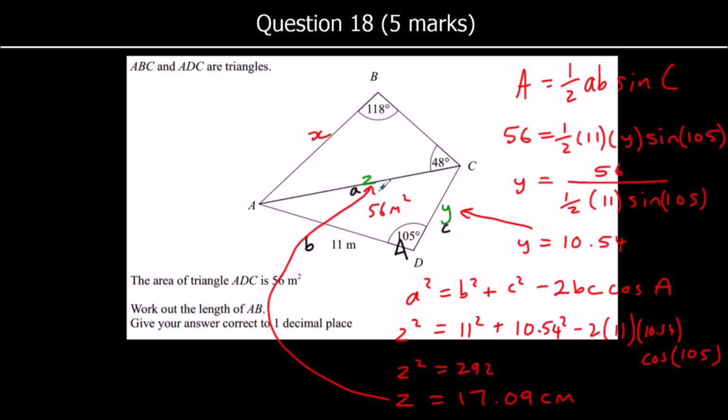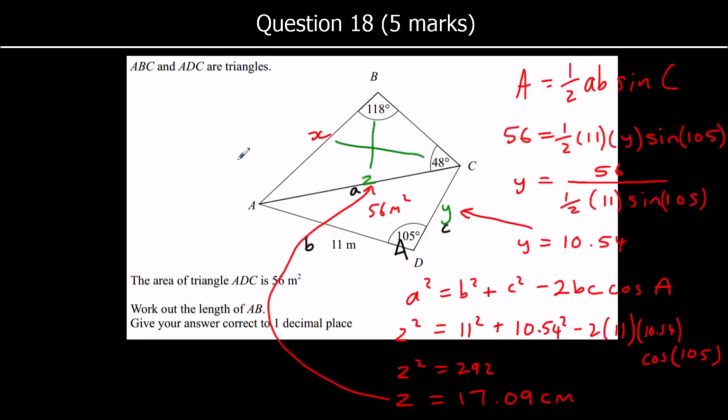So now we know this length, we can use the sine rule. So we've got opposites. z is opposite 118. x is opposite 48.